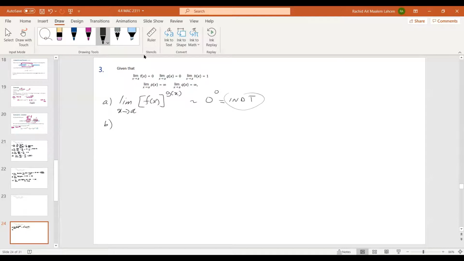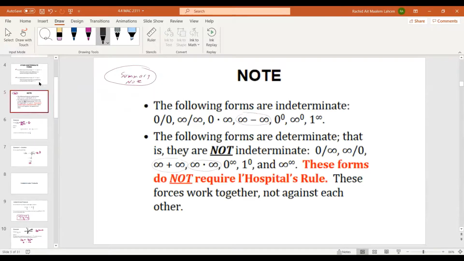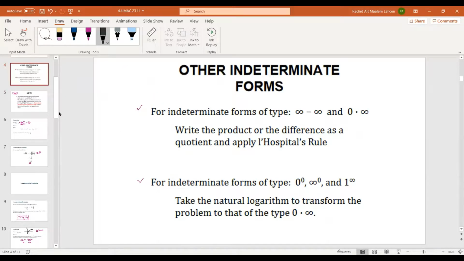So that's what we pick for the answer. And if we're looking for the limit of f of x to the p of x as x approaches a, now we have f of x is 0 and p of x is infinity. In this case, we can switch it. Remember the powers: 0 to infinity, infinity to 0, 1 to infinity.